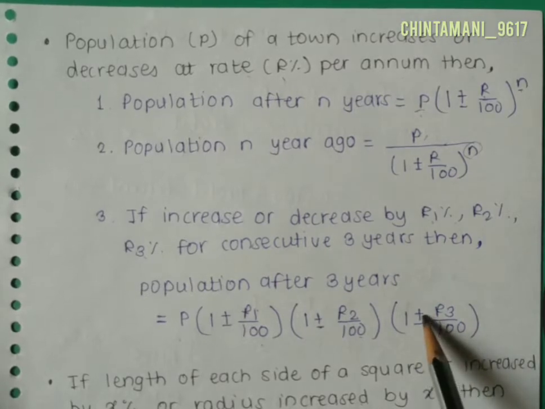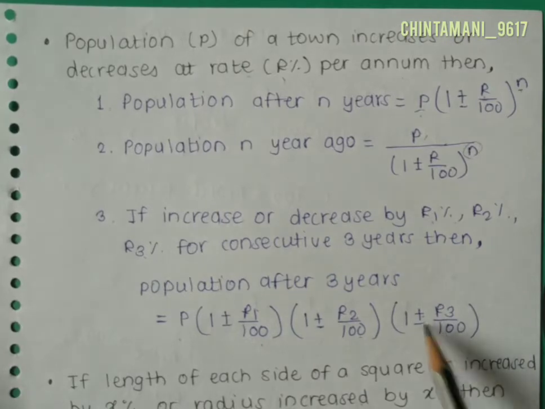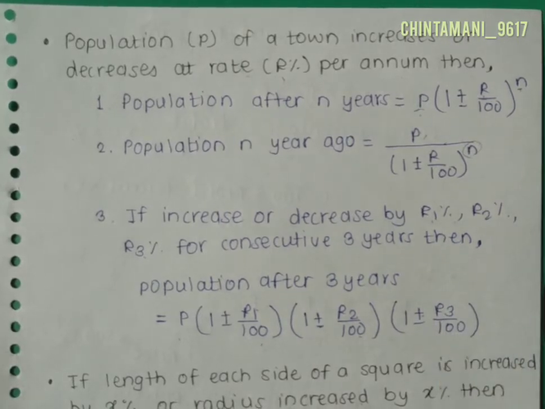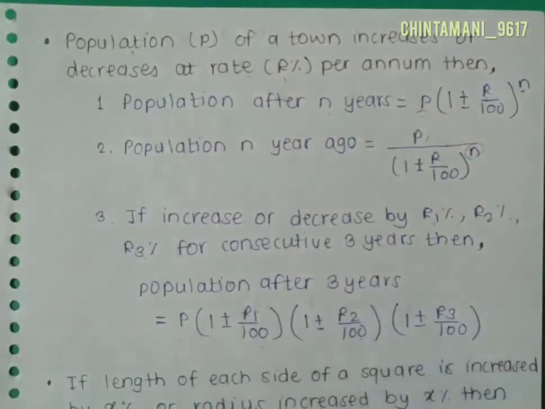The plus denotes an increase and minus denotes a decrease. These are the three formulas you have to remember to solve population problems.